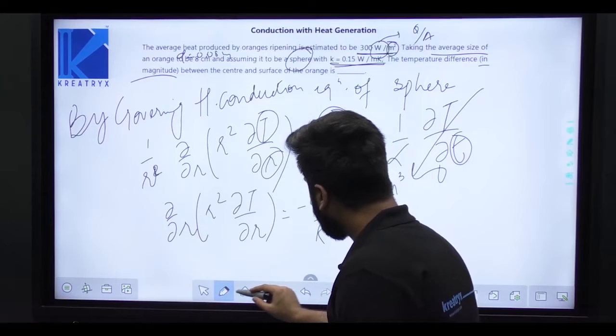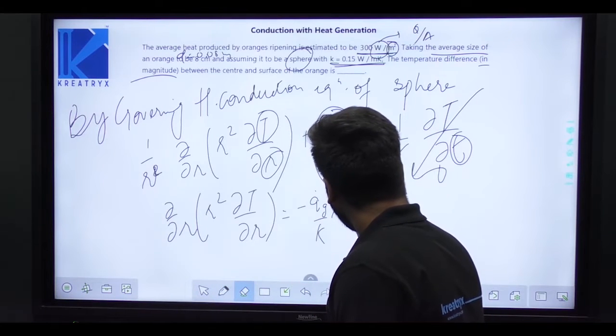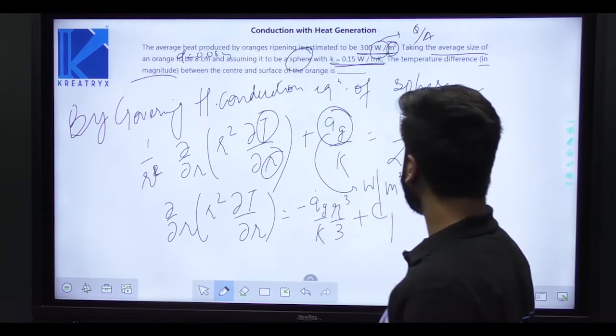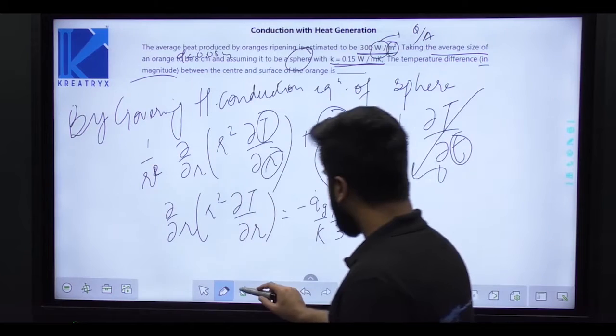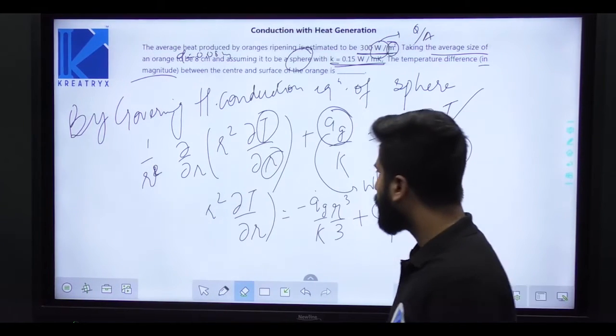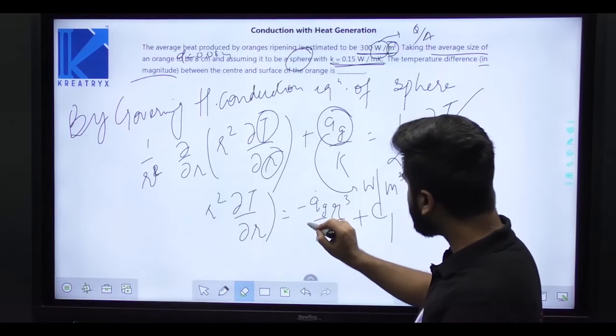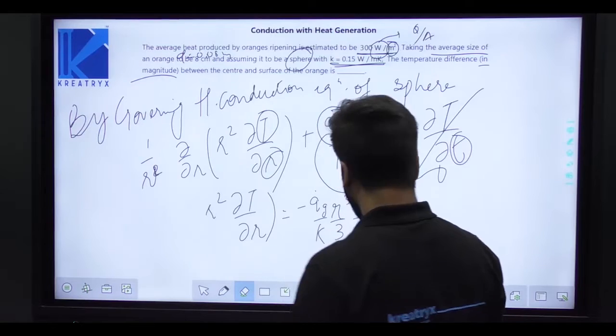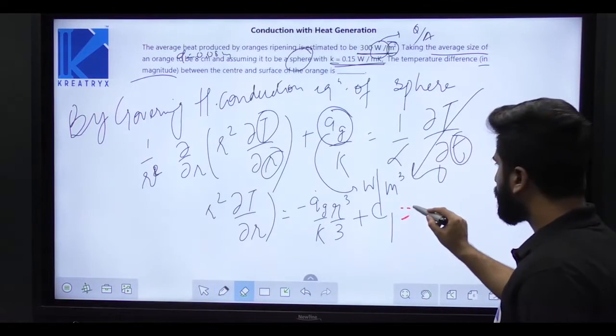So you will get r cube by 3 plus c1. And here I will remove this because we have integrated it. Now take this r square and divide it on the right hand side. So you will get, let me write this now.